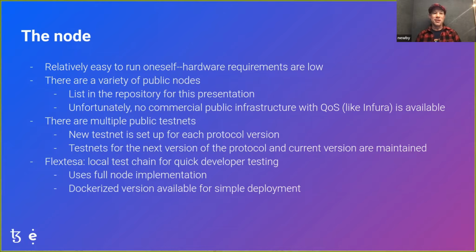So what we currently do is to set up a new testnet every time there's an upcoming protocol version, which one can use when working out what to do with the next one. There's one for the current version. And then there are the carcasses of various old testnets which gradually die of disinterest because nobody really cares about them anymore.